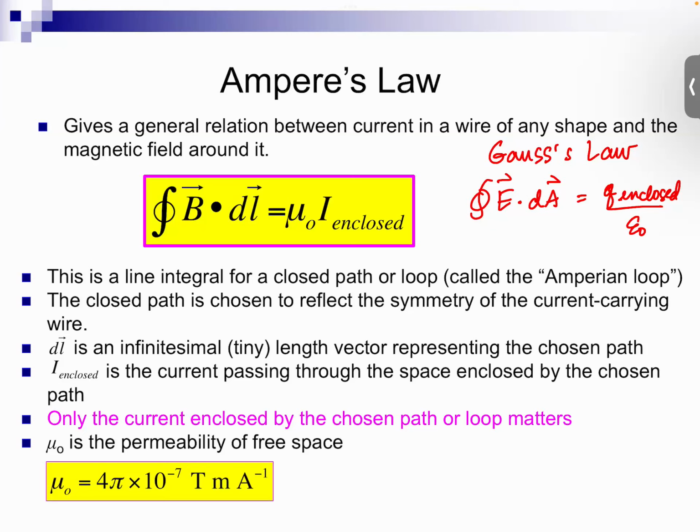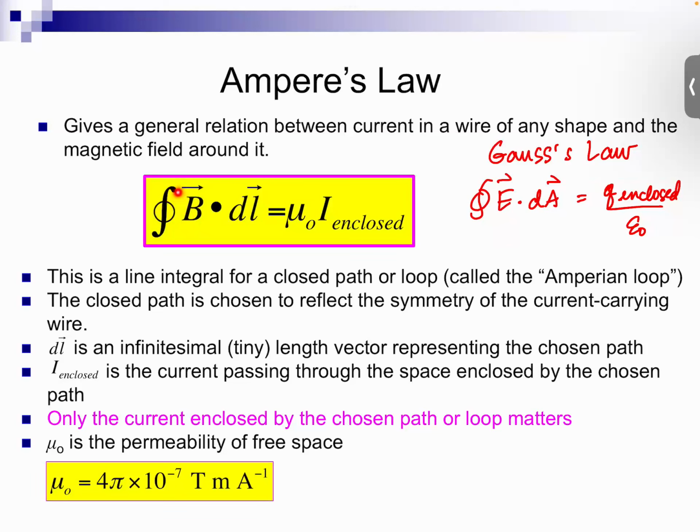So if you recall our previous lectures, in the beginning of the course, where we learned about electric fields being generated by charges, we encountered Gauss's law, which allowed us to determine the electric field that's created by a charge that is symmetrically distributed. So the equations look very similar. So finding the magnetic field also uses similar strategies to those we learned for finding the electric field of a charge. So just a few notes about Ampere's law.